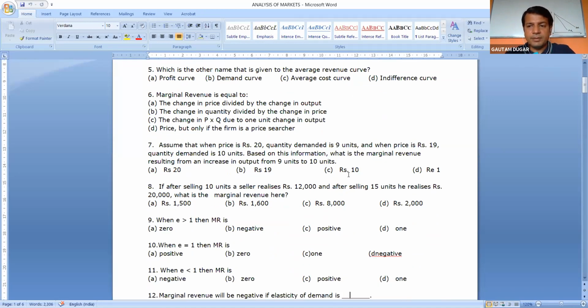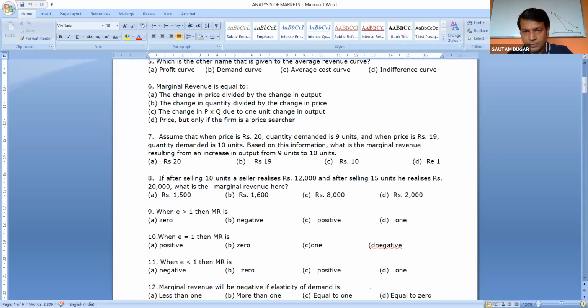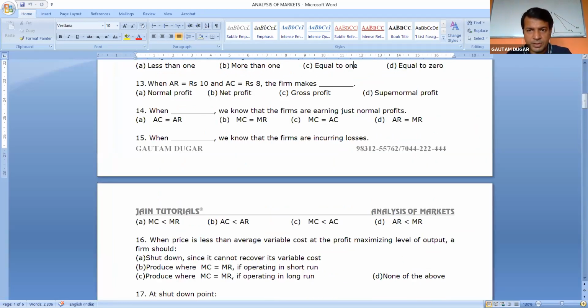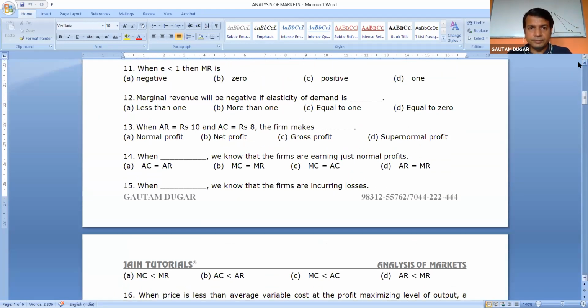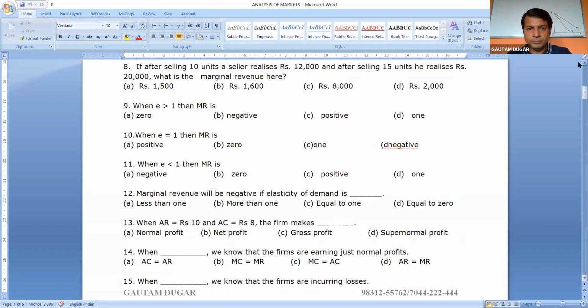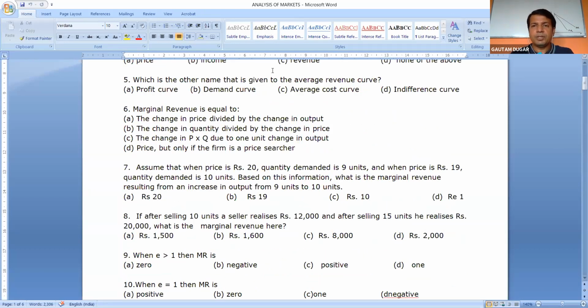Number 6, marginal revenue. Just wait 1 minute. Increase the screen a bit, font size a bit. Number 6. Marginal revenue is equal to what?